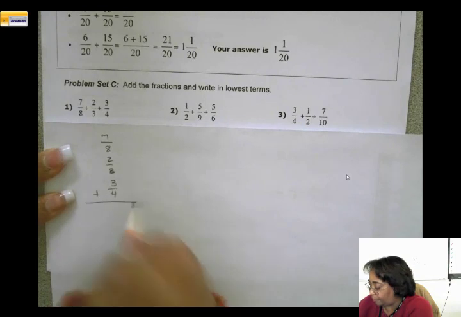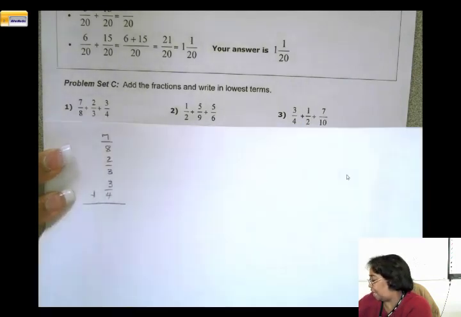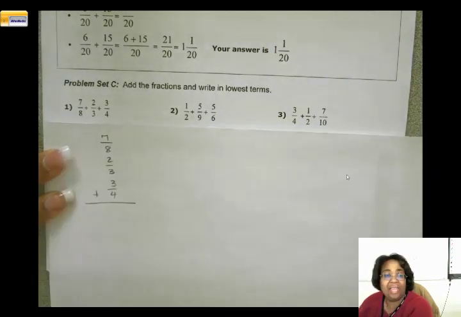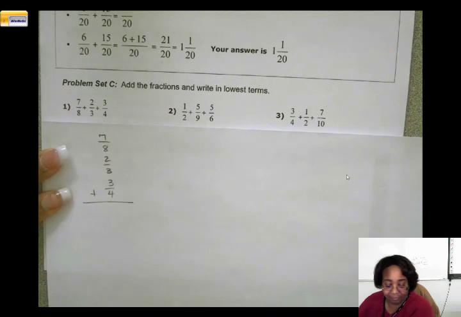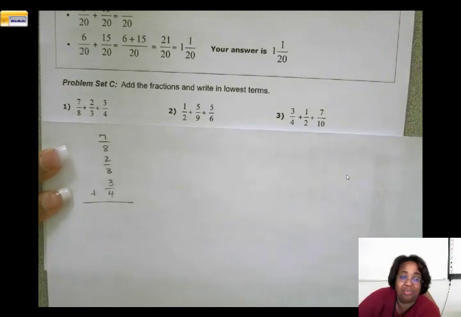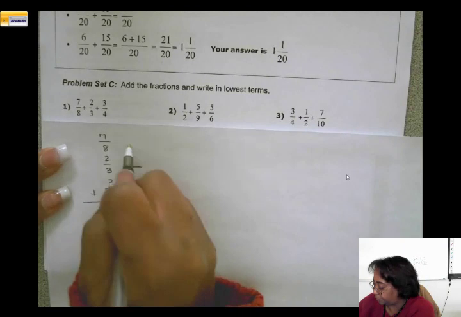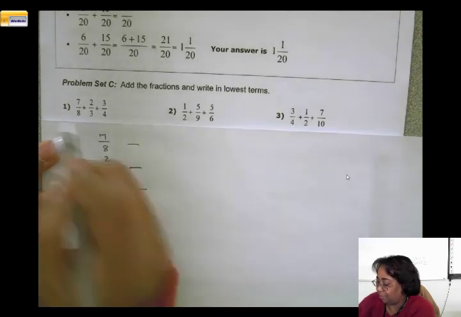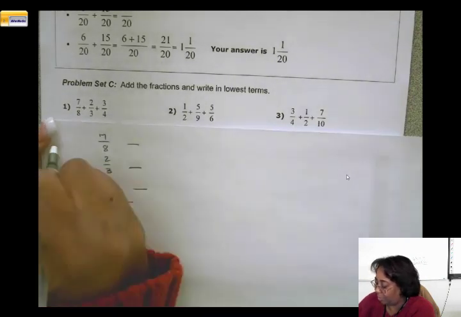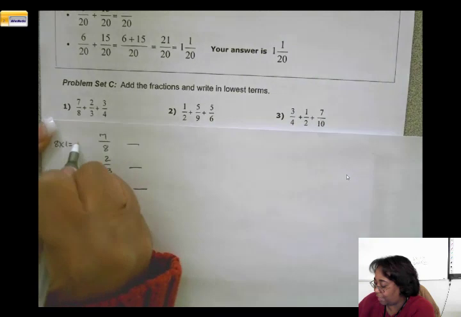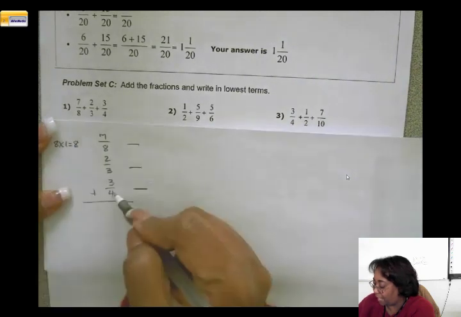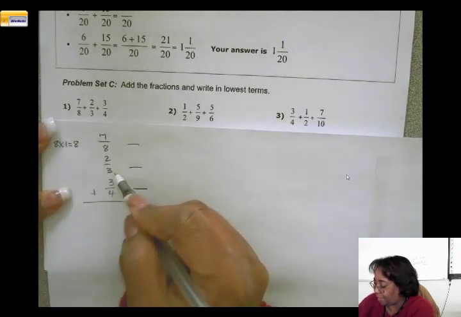And the first problem on page 4, what will my LCD be? I have 8, 3, and 4. What's the LCD? Well, remember, you go 8 times 1 is 8. Now, 4 will go into 8 evenly, but 3 will not.